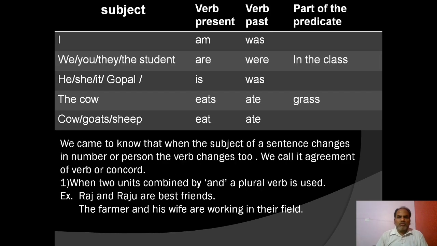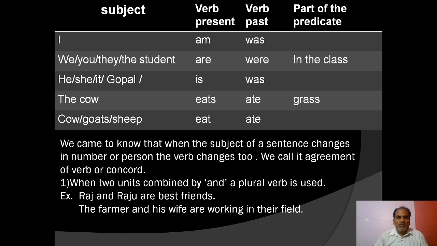So let us see the table. Subject, verb present, verb past, other part of the predicate. If the subject is I, in present we use I am in the class. If the subject is I, in the past we use was, I was in the class.